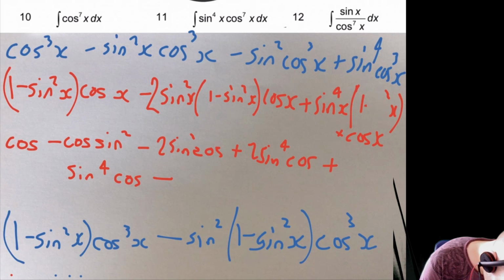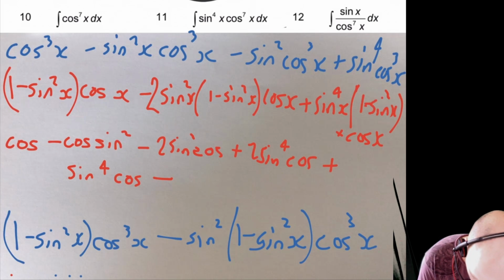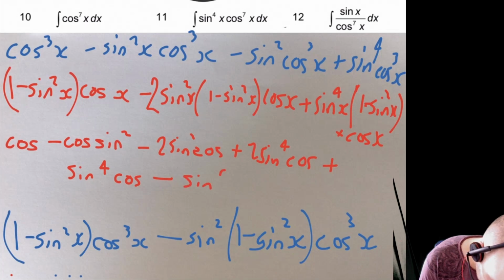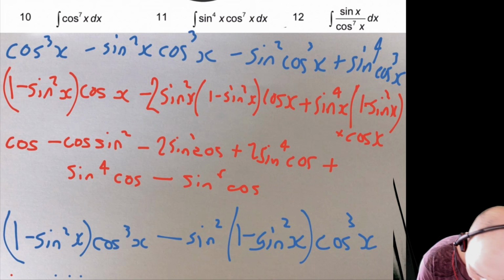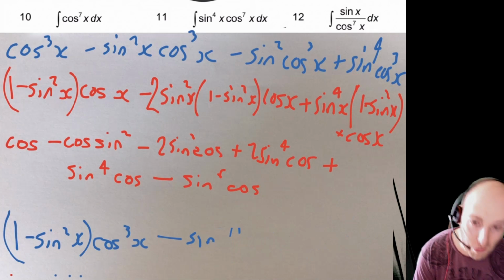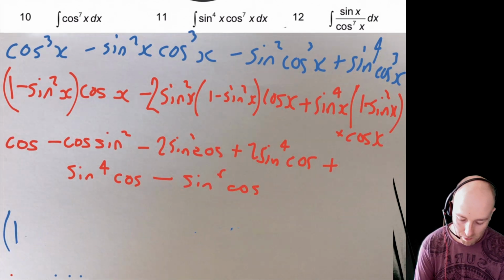I made a mistake there. That should be sine to the 6 cos, which we finally are able to integrate via recognition.